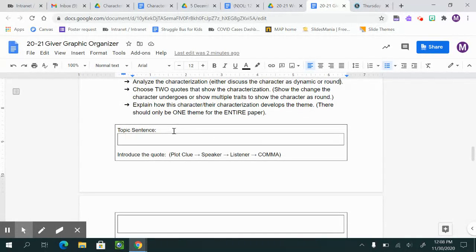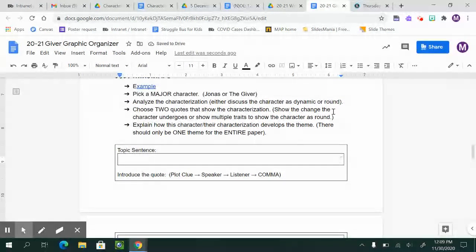Your topic sentence should also include a transition word. I don't want to see "secondly" because you're not talking about a second point. What you could do is say, "To continue on with developing the character," and go from there. That's a way that you can do that. Please try and add that transition word into your topic sentence. Now remember, your topic sentence is not about the setting, but about the character.